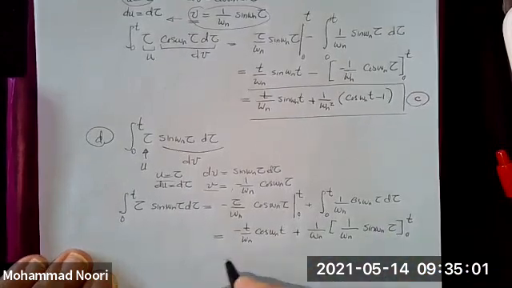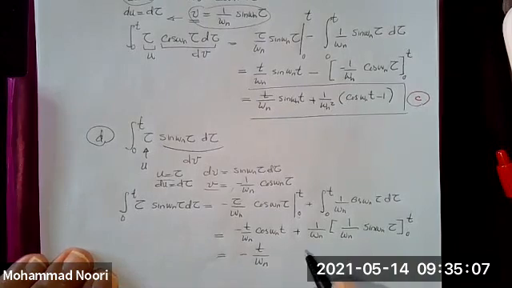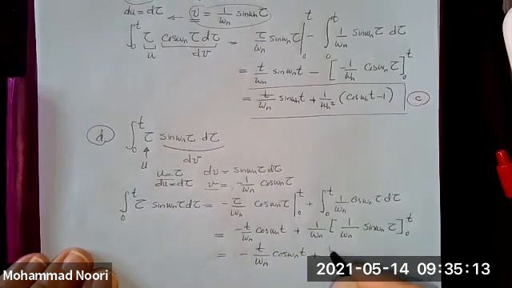Simplifying all of that would give you negative t over omega n cosine omega n t plus 1 over omega n squared sine omega n t.